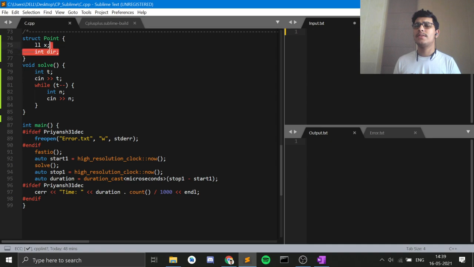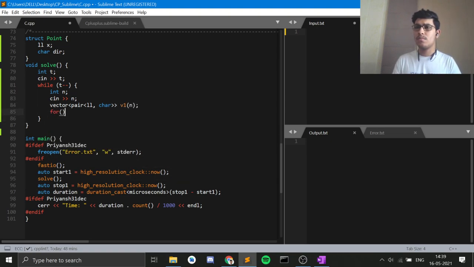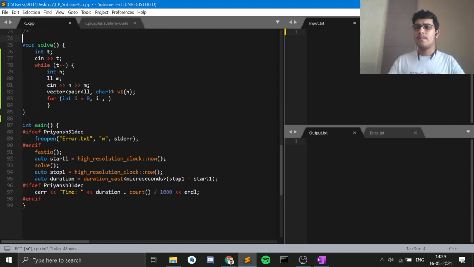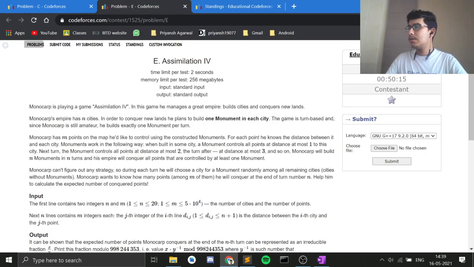Okay, cool. Or I can do it like this, char only. Right. Or I can create a pair only if I have to store all these. And let me look at the time that is remaining. 50 minutes.